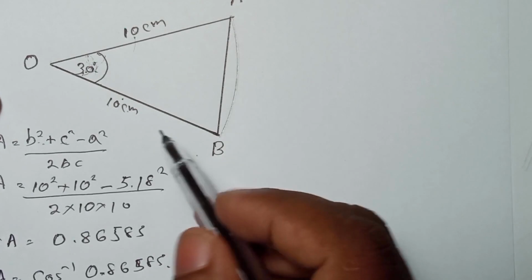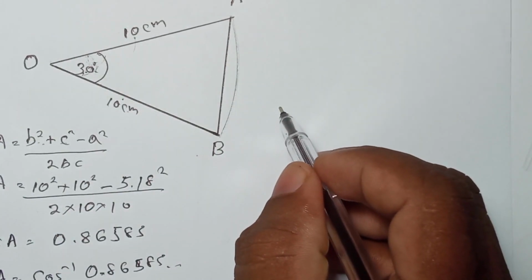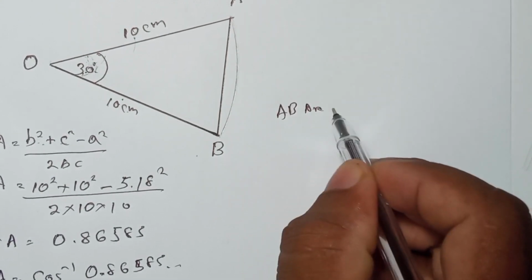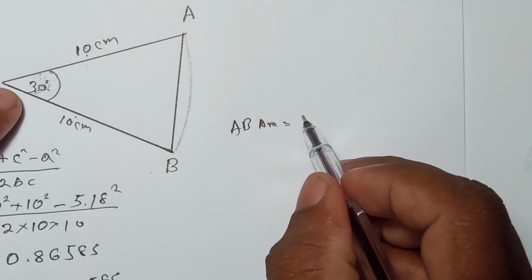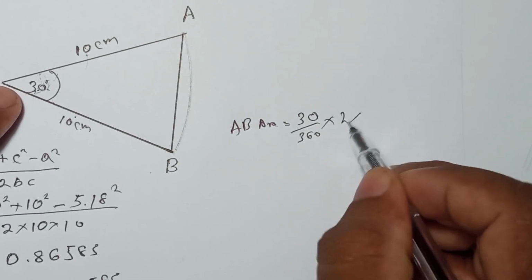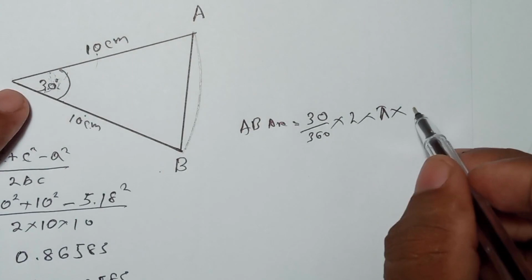Now we know this angle, so very easily we can find the arc length for the AB arc. AB arc will be theta over 360 into 2 pi r, so here 30 over 360 into 2 pi, and you can apply r as 10.